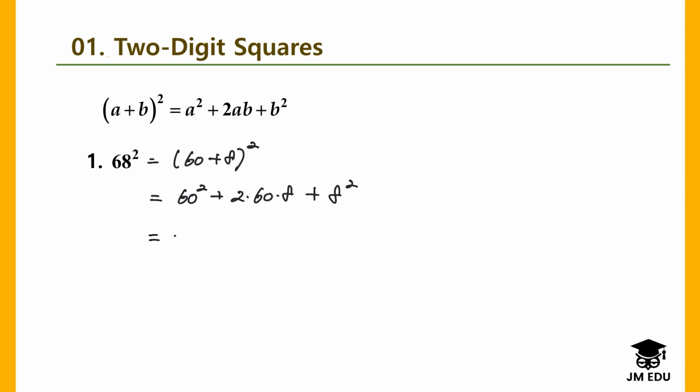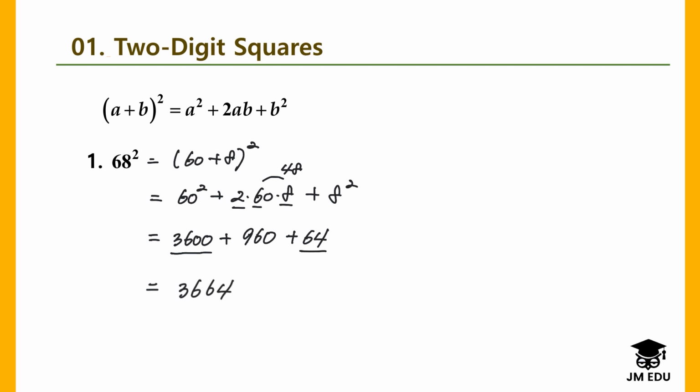So 60 squared, that's 3,600, plus 2 times 6 times 8. 6 times 8, that's 48. So 2 times 48, that's 96 with a 0. 8 squared, that's 64, right? So if we add these two numbers first, that's going to be equal to 3664, right?